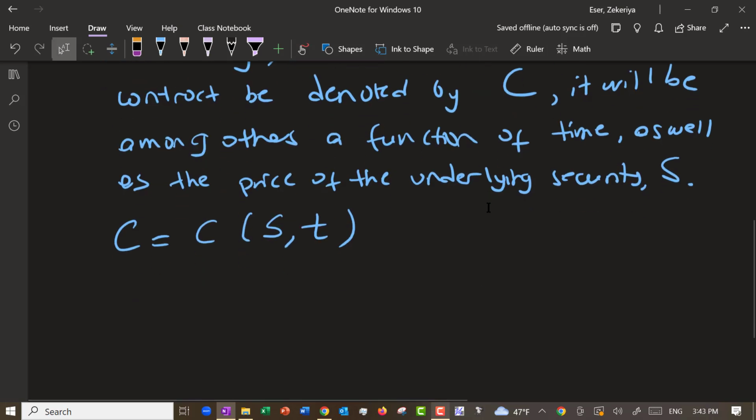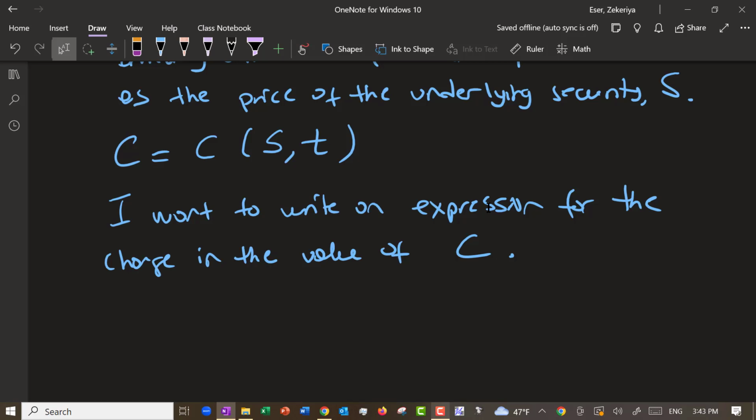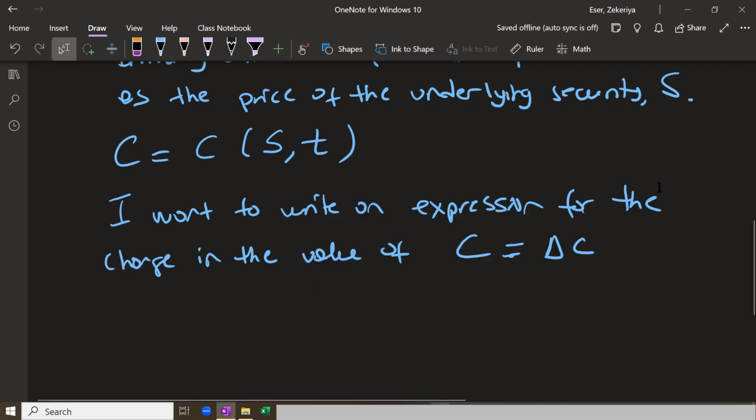Now, I want to be able to write an expression for the change in the value of C, which is equal to delta C. I don't know what that function is, but I know such a function exists.